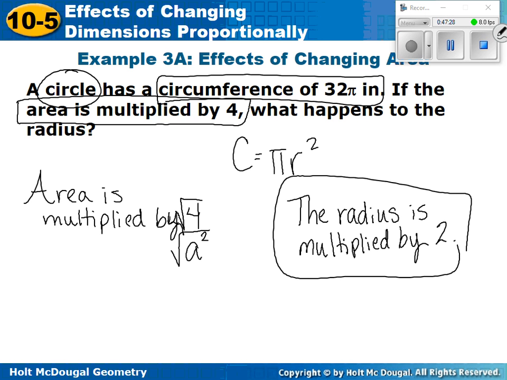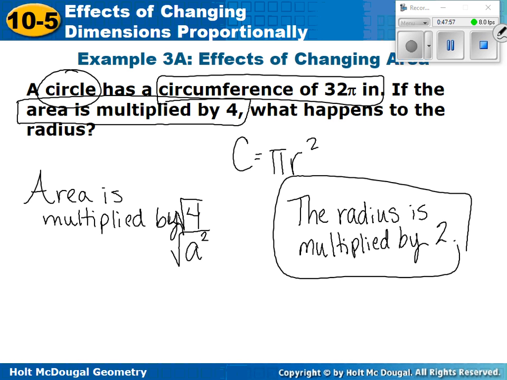So here's the deal. Each time when you're looking at your problems, if you don't want to work them out the long way, then what you can do is start with the formula and ask yourself, am I only changing one dimension in the formula, or am I changing all the dimensions in the formula? If I'm changing all the dimensions, then whatever I do to the dimension, multiply it by 2, then the perimeter has the same impact.